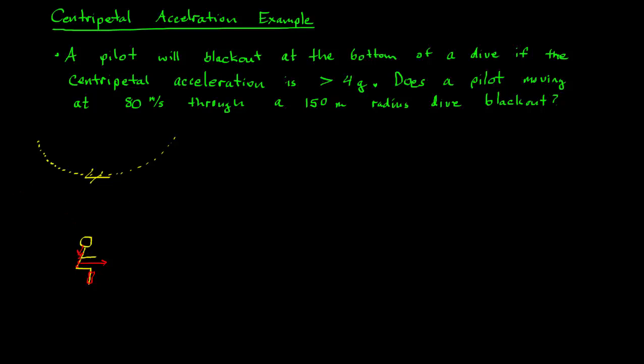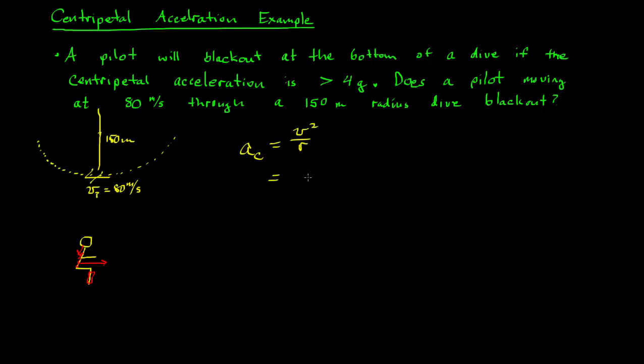All right, so let's figure out if this guy's going to black out. We know the radius is 150 meters, and we know the tangential velocity is 80 meters per second. The centripetal acceleration, we learned, is v squared over r.